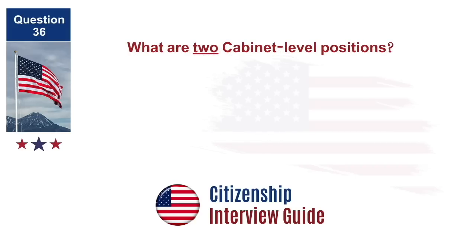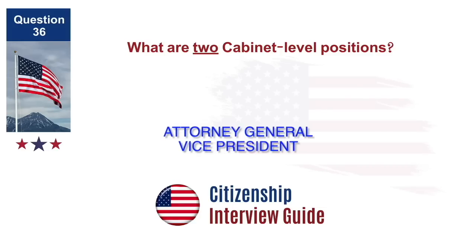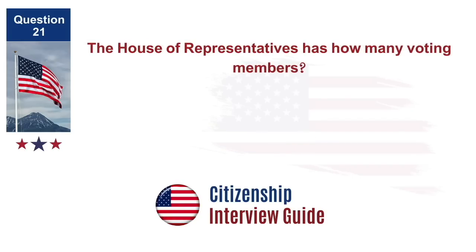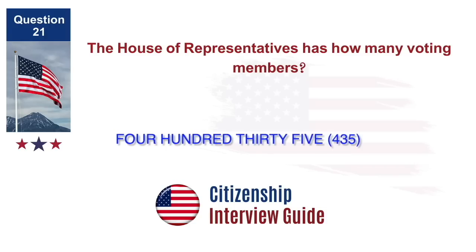What are 2 cabinet-level positions? Attorney General. Vice President. The House of Representatives has how many voting members? 435.